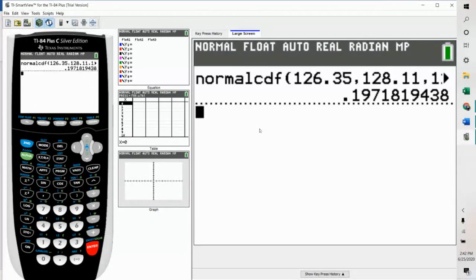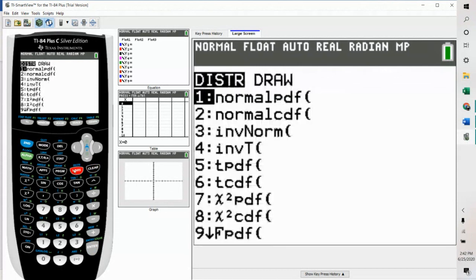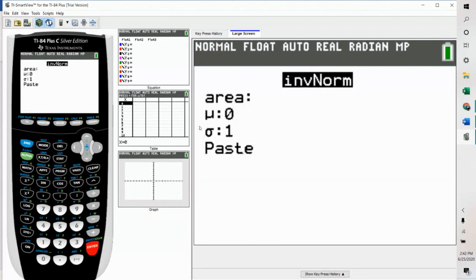But when you're given the percent as you're given in C, let me clear the screen. You still go in distribution, but you use the third one, inverse norm, because you're doing the inverse. You have the percentage. So we use this one.